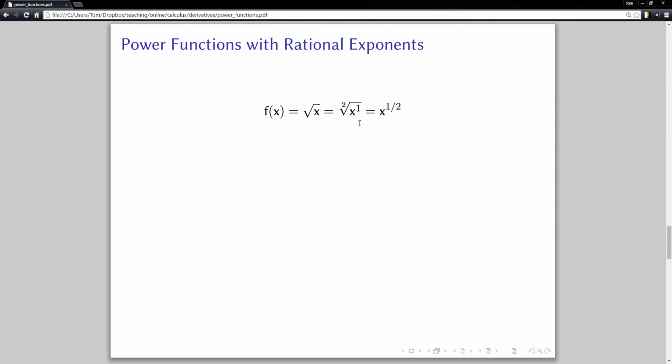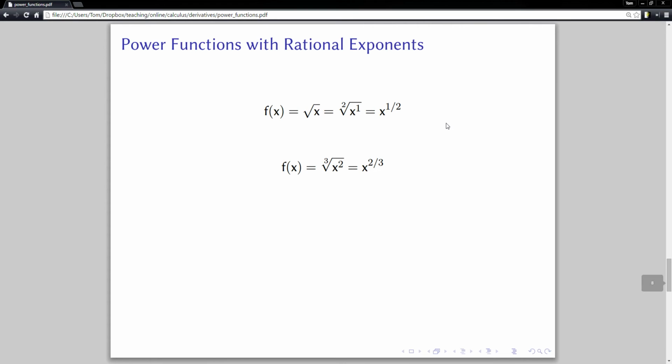And so now that I made those exponents explicit, it's easy, using the fact that we just talked about from algebra, to translate that to x to the 1/2 power. So the square root function is a power function, right? It's just a power function where the exponent is a fraction.